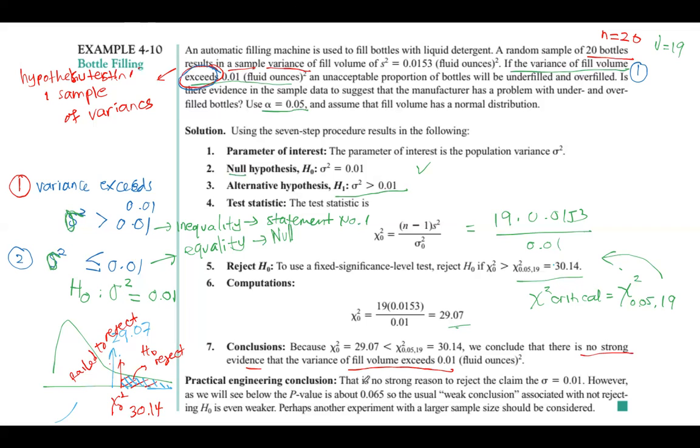Okay, so there's no strong conclusion to reject. We see that the p-value, if calculated, is 0.065. So it's going to be a weak conclusion. And then another experiment with a larger sample should be considered. I'm going to stop it here, and I'm going to put it into another, maybe another video.